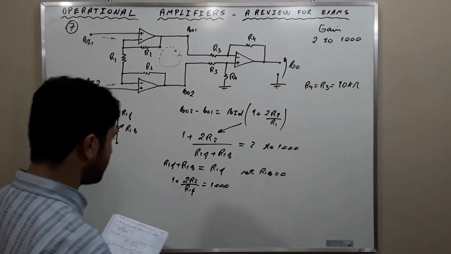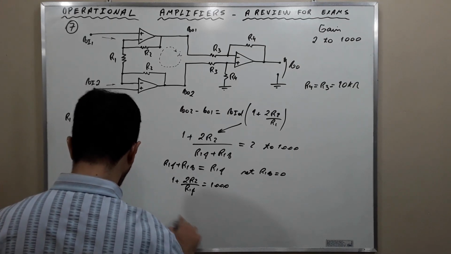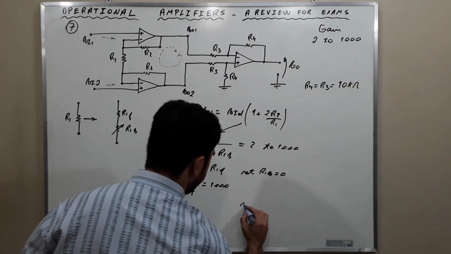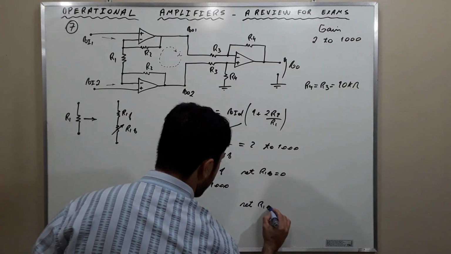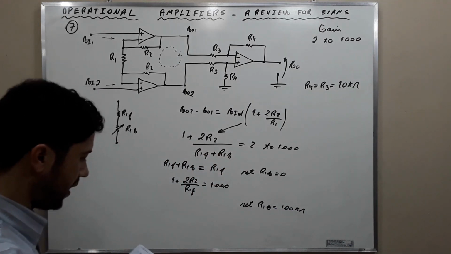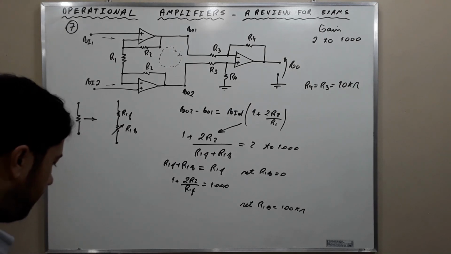And now we are going to set R1V to 100 kilo ohms, which is the maximum value that the exercise wanted us to use.